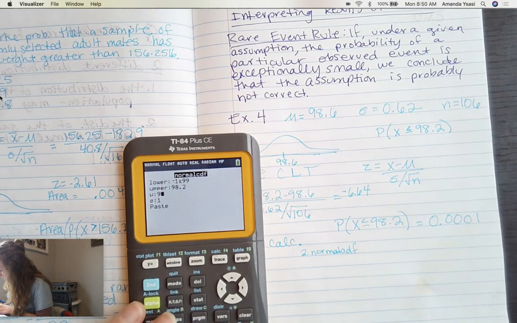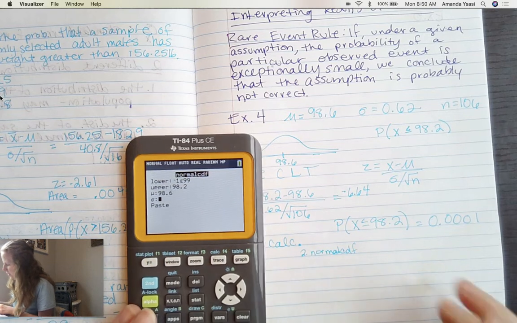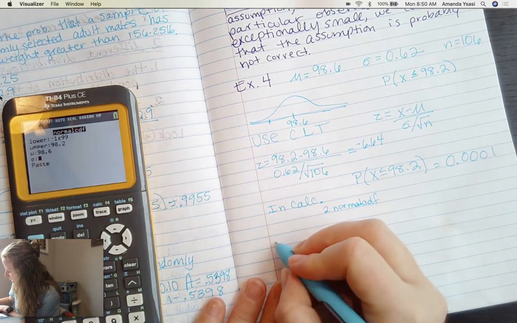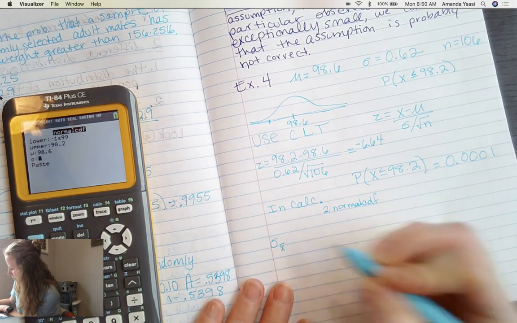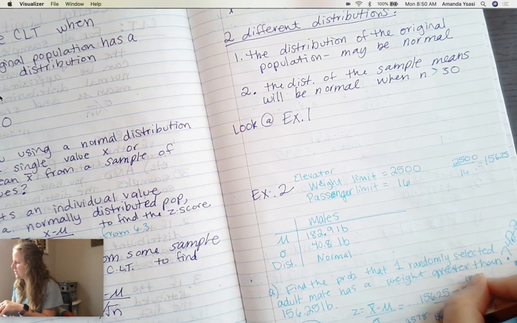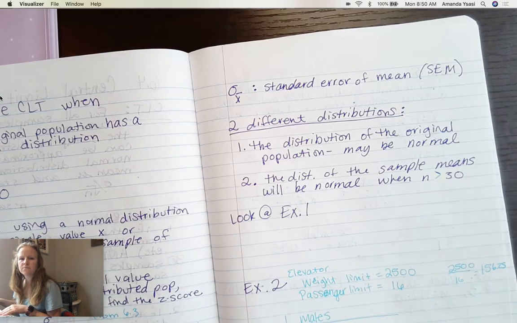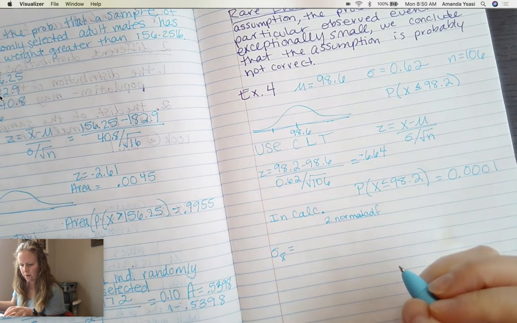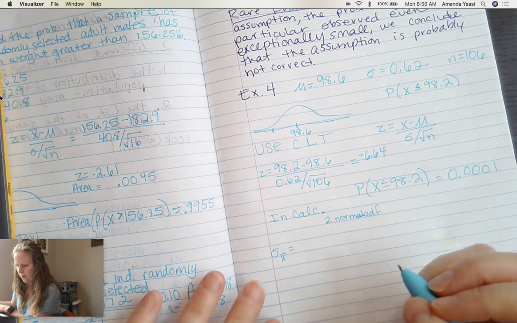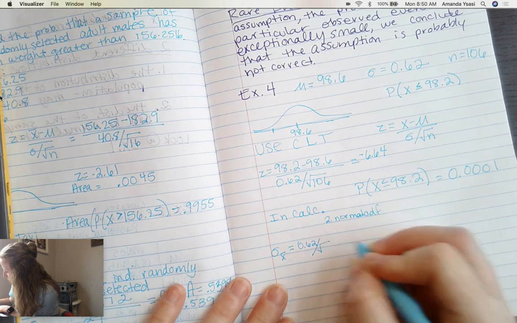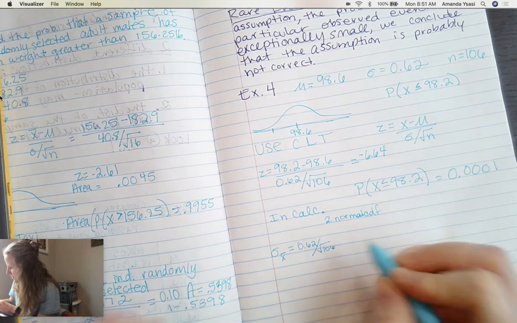And then our mu is 98.6, and then our sigma, we're not going to use sigma, we're going to use sigma x bar, which, remember, is your standard error of the mean, and that's what we have in the denominator, the 0.62 over square root of 106.